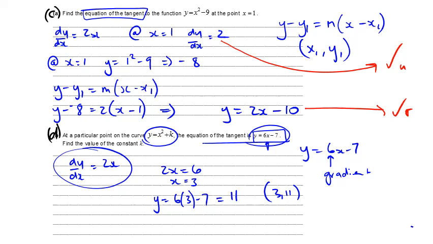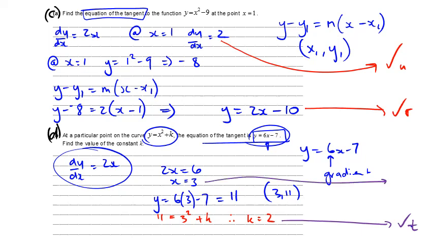So therefore on this graph, 11 equals 3 squared plus k. What does k have to be? 9 plus what is 11? Okay, and that there gave me my answer. Okay, so that there was my excellence tick. Up to there was an achieved tick.